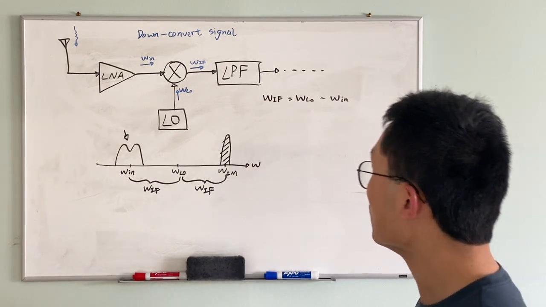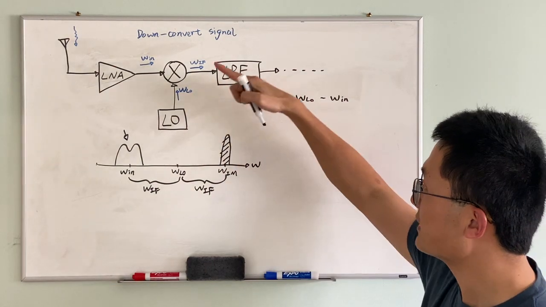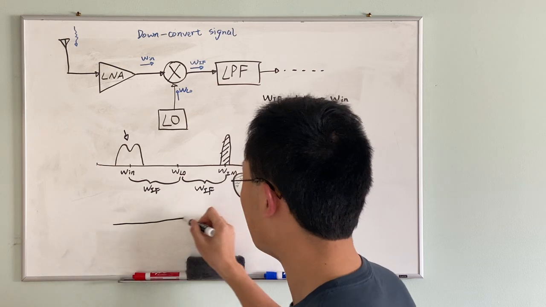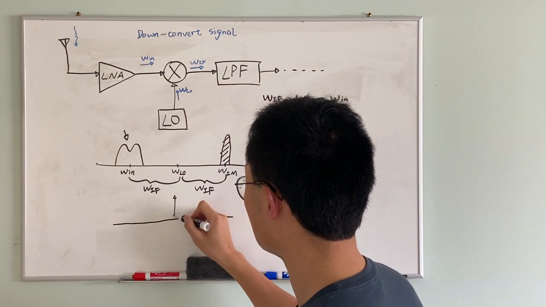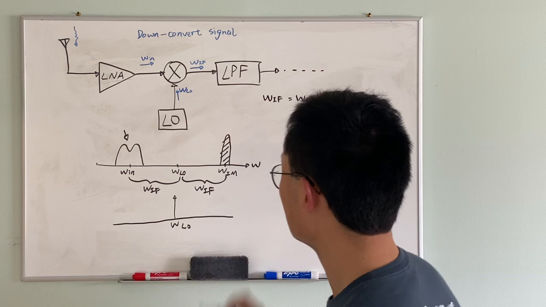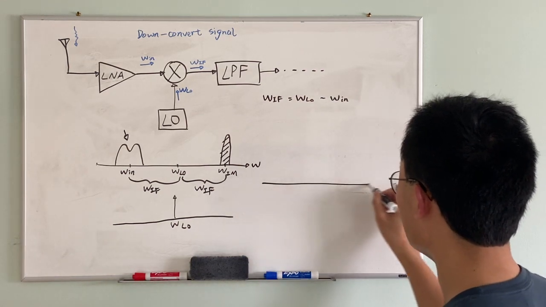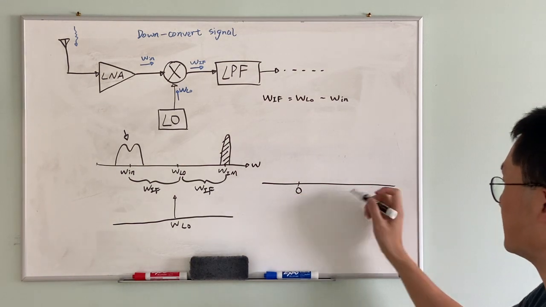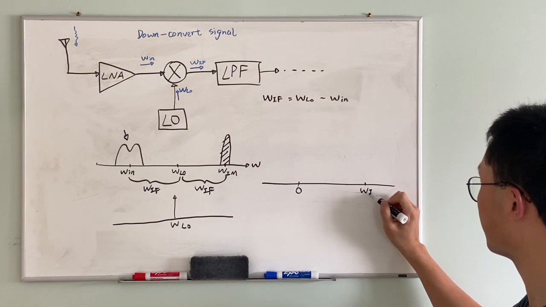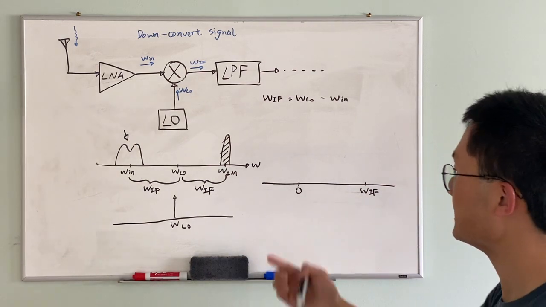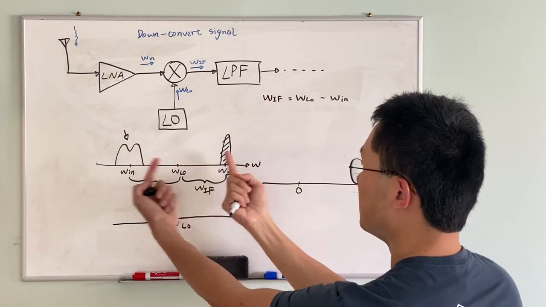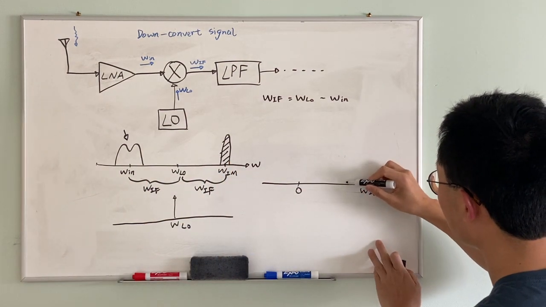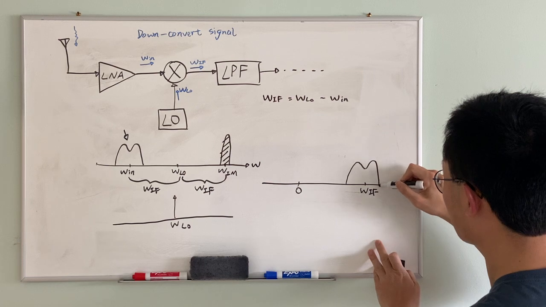If you recall from our previous video, when you mix this input with a LO, on the spectrum you have the DC point, and this is the omega IF. So you are shifting both of them to the center. What you're getting here is a signal that looks like this.